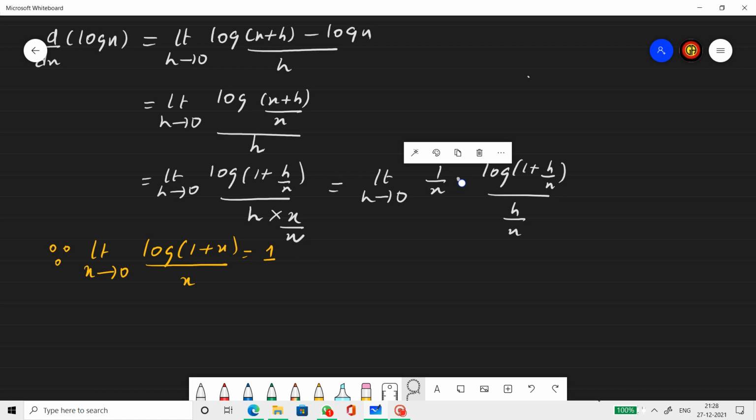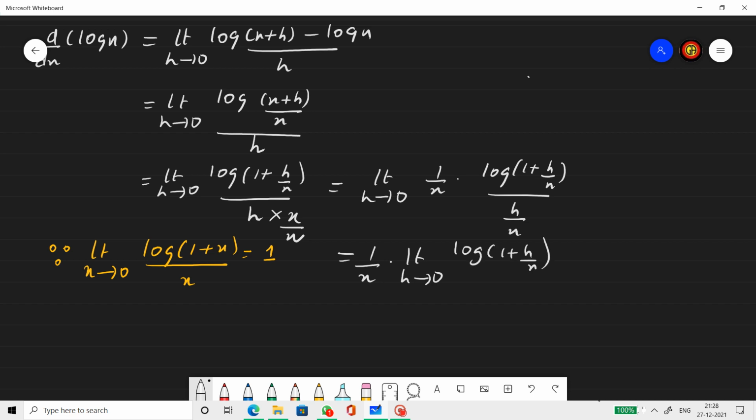So there is no point in retaining it here. This will not change with respect to my h limit, so I can take it out of the limit.